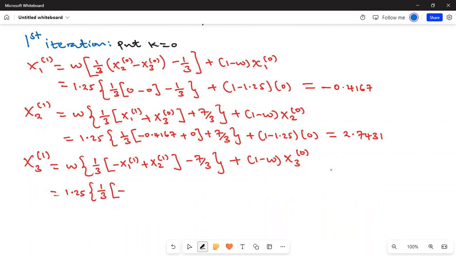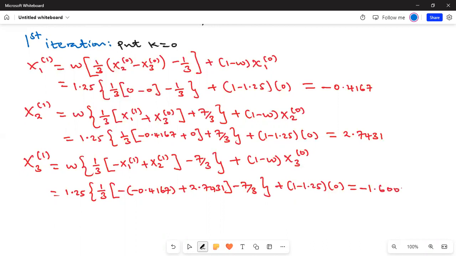The immediate value of x1, that's negative of x1, that now becomes negative of negative 0.4167, plus x2 at level 1, that is 2.7431, minus 7 over 3, plus 1 minus 1.25 times 0. That should give us negative 1.6001. That is the first iteration.